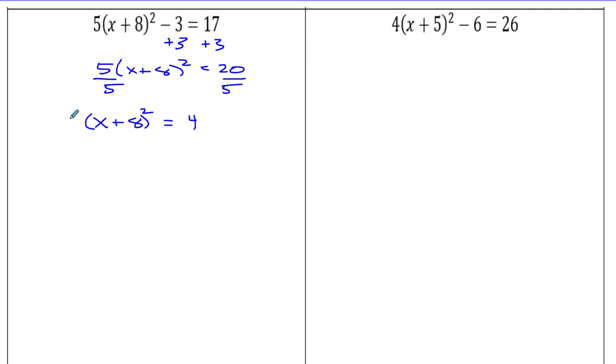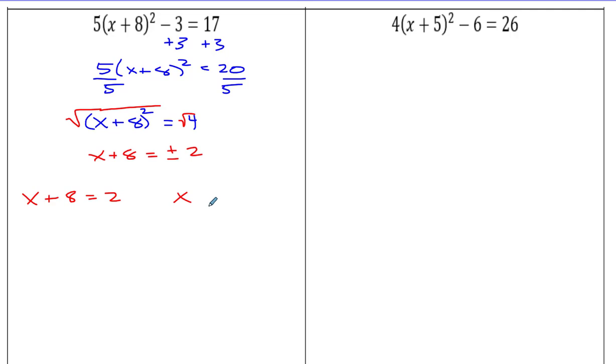I'm going to go ahead and square root this. And then we get rid of that exponent, so I'm left with x plus 8 equals, I got my plus or minus 2. And then I'm going to do it without drawing those arrows. I think we know where we're going by now.